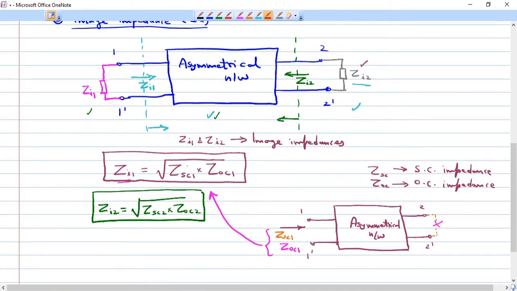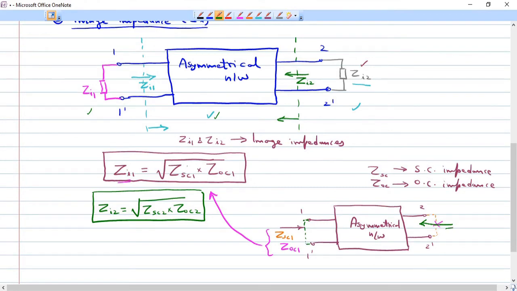So what is Zi2? Zi2 is root of ZSC2 into ZOC2. So how will you get it? You take the same network and look at it from the 2 dash terminal. In order to find ZSC2, you look at this network from this side and short circuit the other side.